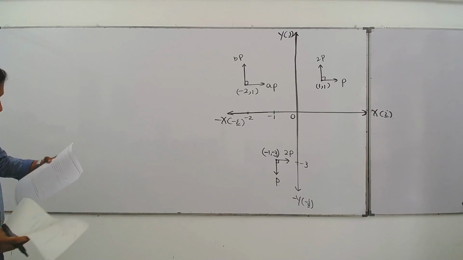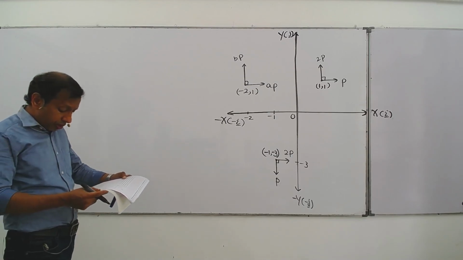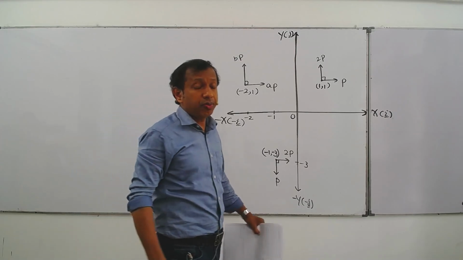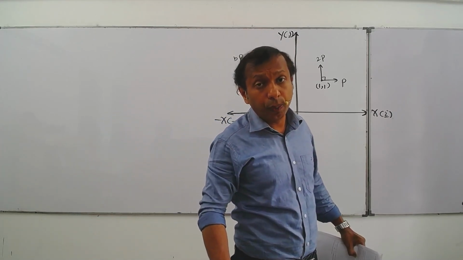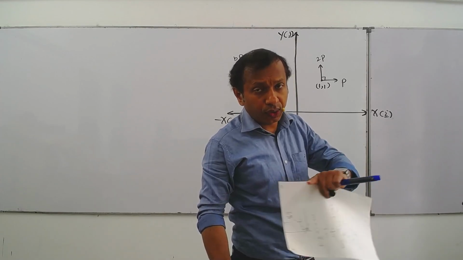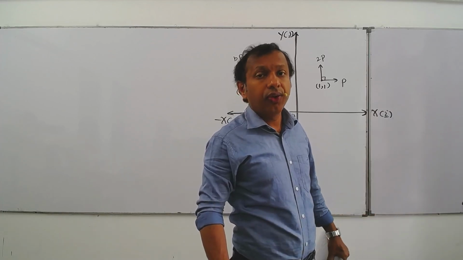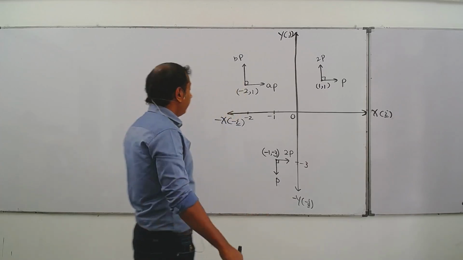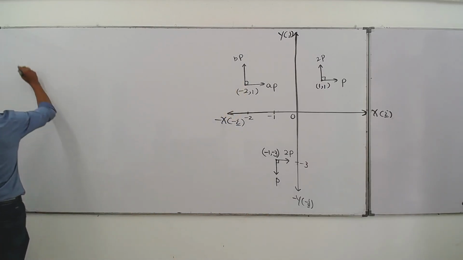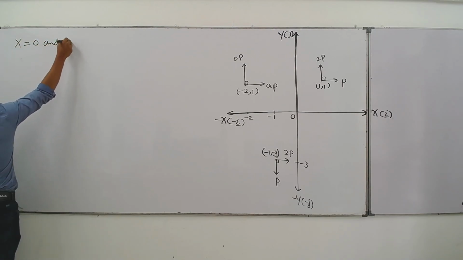Now the question says, if this system of forces reduces to a couple, find the constants A and B. When a system of forces reduces to a couple, you know it has no resultant force. That means when you resolve horizontally, x should be 0. When you resolve vertically, y should be 0. That is because it is given that it reduces to a couple.